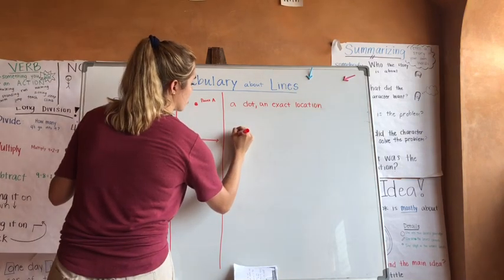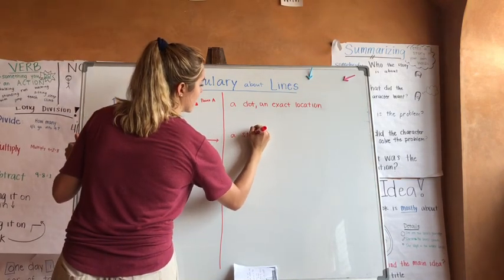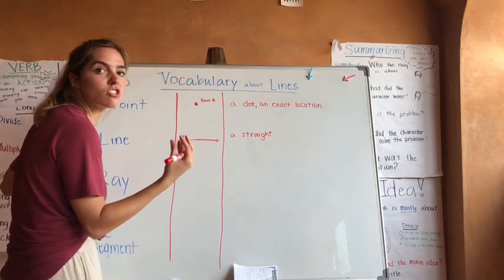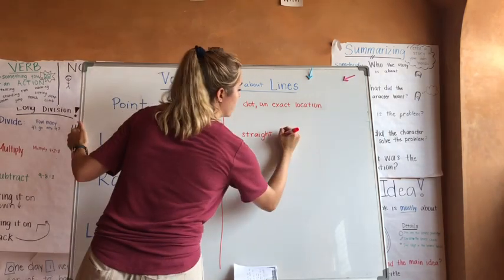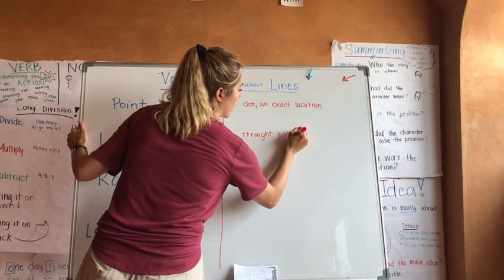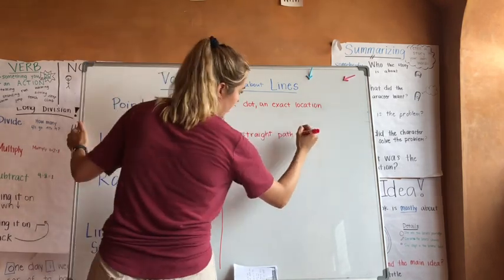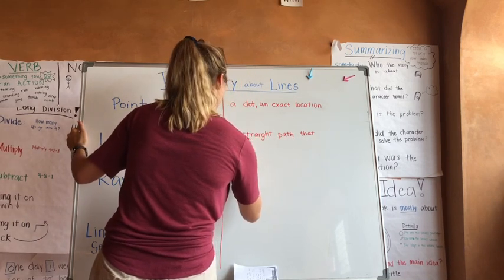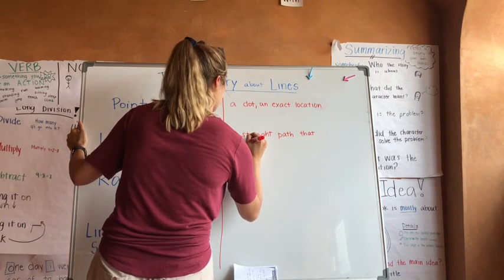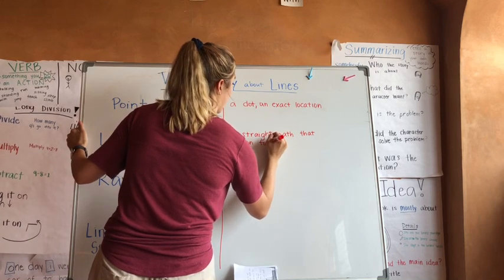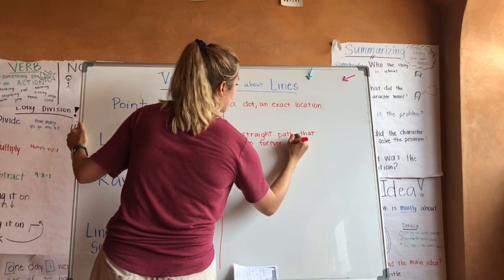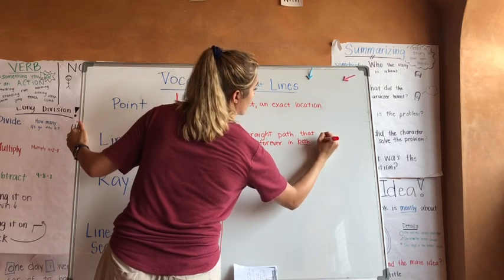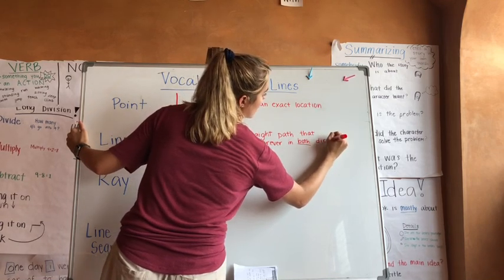A line is a straight path, and if you don't know what path means, a straight camino. A straight path that goes on forever in both los dos direcciones, directions.